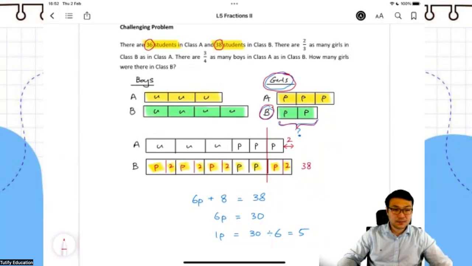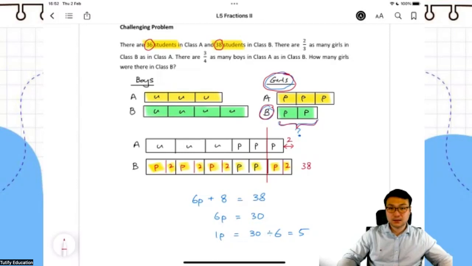How about Nicholas, Abby, and Kate? Do you know how many girls are there in class B? Okay, Kate, let me ask you. Kate, we know that one part equals 5, right? Can you tell me how many parts of girls are there in class B?